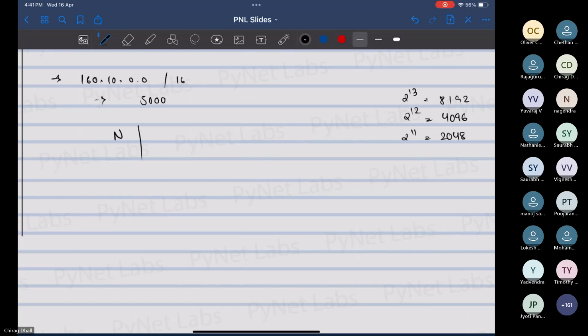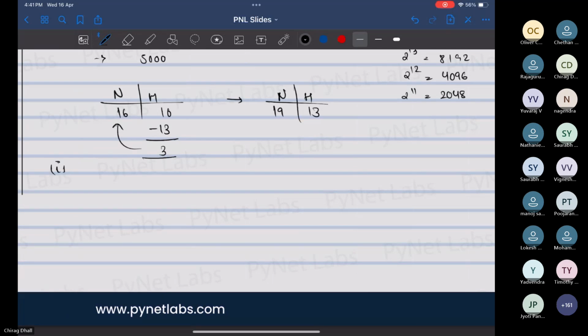So network and host are 16, 16. How much do I require? I require 13. 3 bits are extra. I'll give them to the network part. Network bits 19, host bits 13. Number of addresses 8192.